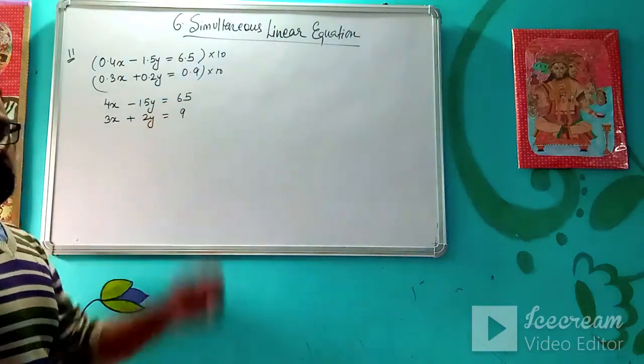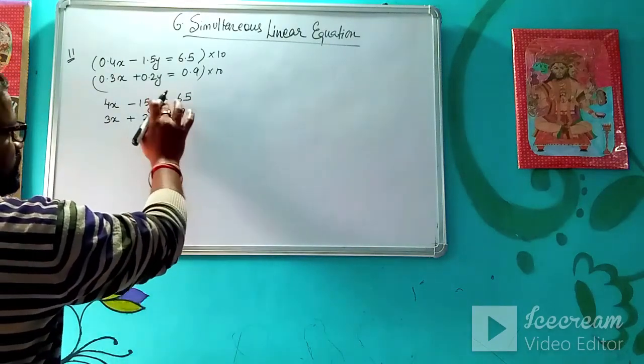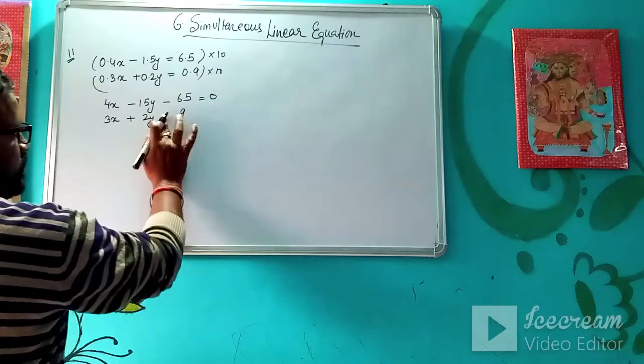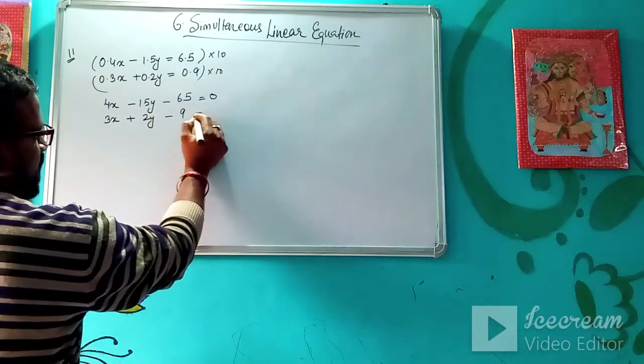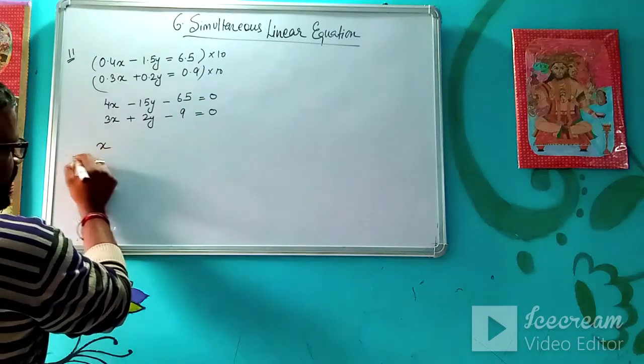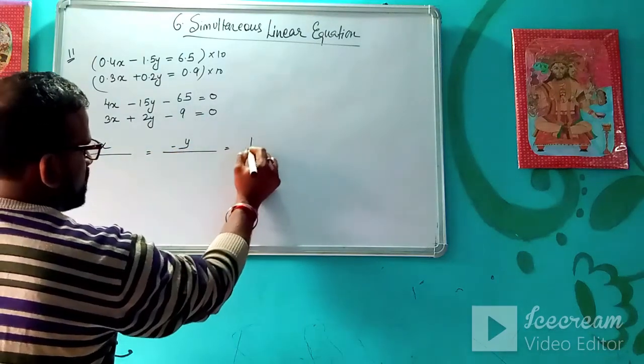Now see, this equation is now familiar one. What we are going to do, we are going to take 65 here. So it becomes minus 65 is equals to 0, and it becomes minus 9 is equals to 0. Next, this is x, this is minus y, and this is 1.